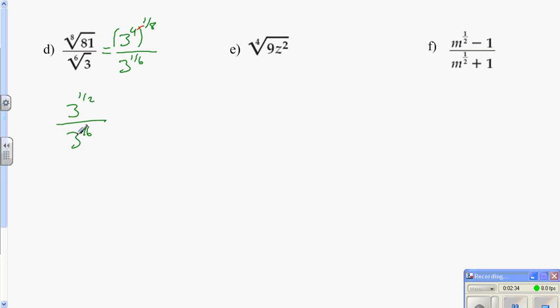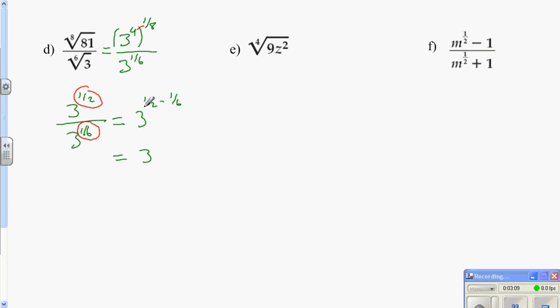Now again, remember, we have like bases, they're both 3's, so this is the same as 3 to the 1/2, and the power is 1/2 minus 1/6. It is top exponent minus bottom exponent, in that order. And 3 to the, 1/2 minus 1/6, common denominator is 6.